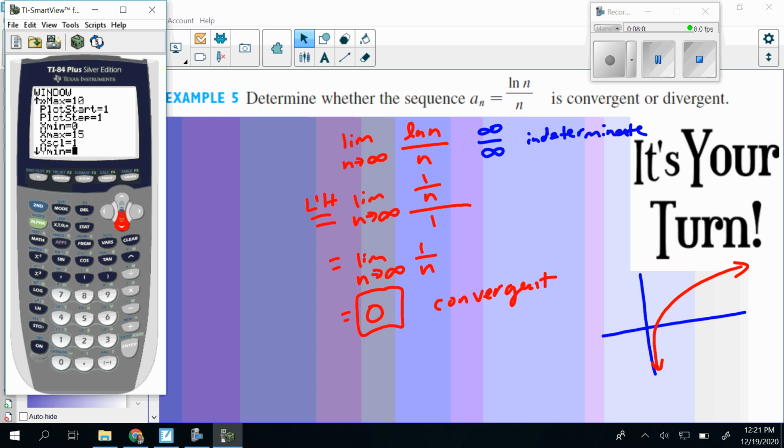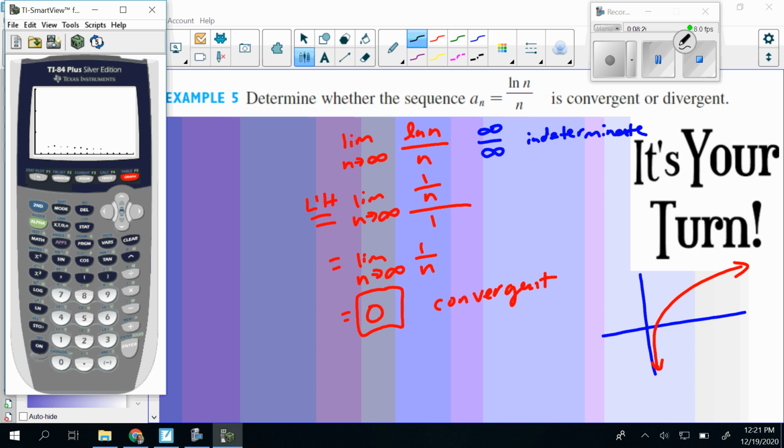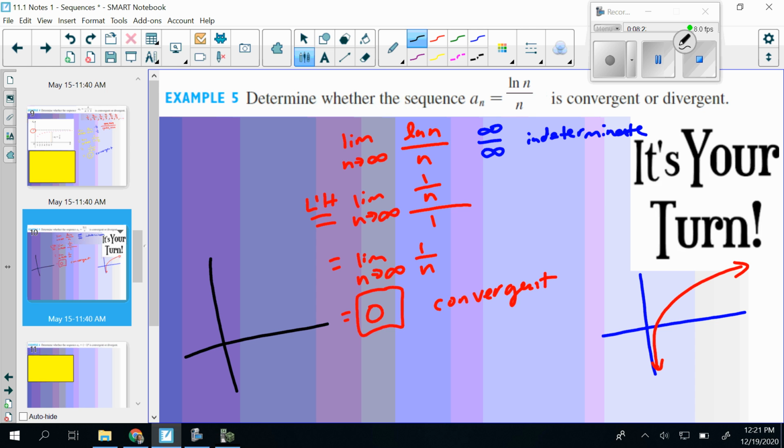So let's start this at 0, and I don't think it's going to get much higher than maybe 3 or 4. Let's just put 3 in there. All right, so if we hit graph, we should see those points in there. So there's our points. You can see on this graph that the points initially start going up here, but then they start to go back down and approach 0 as we keep getting further out. So yes, that is convergent to 0.